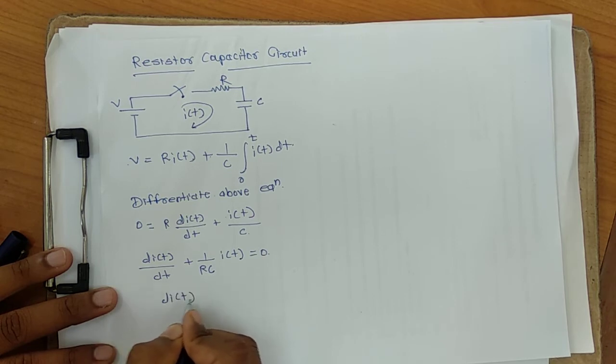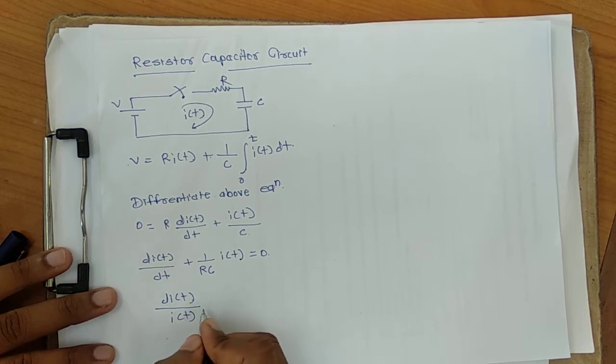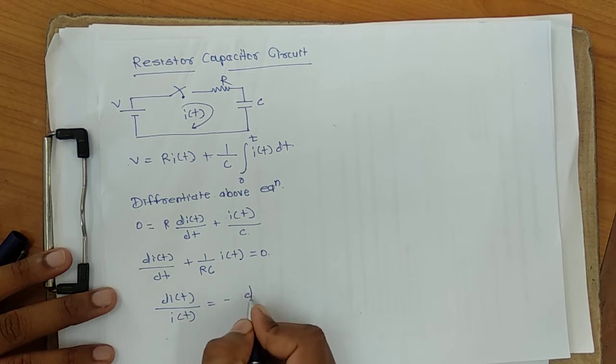So di of t divided by I of t is equal to minus dt divided by RC.